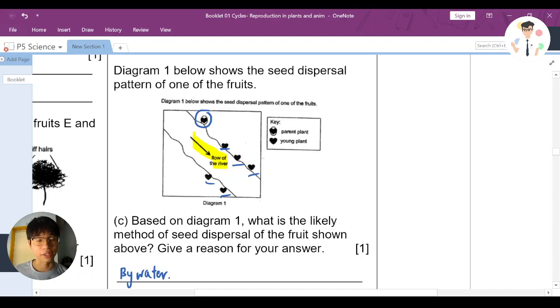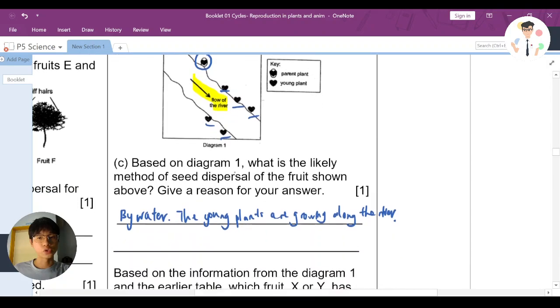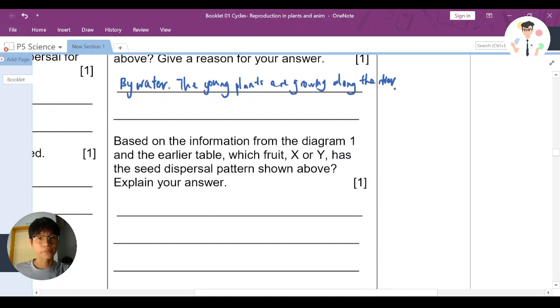So we can explain in this way: because young plants are growing along the river. If you want to explain further, following the flow of the river also works.